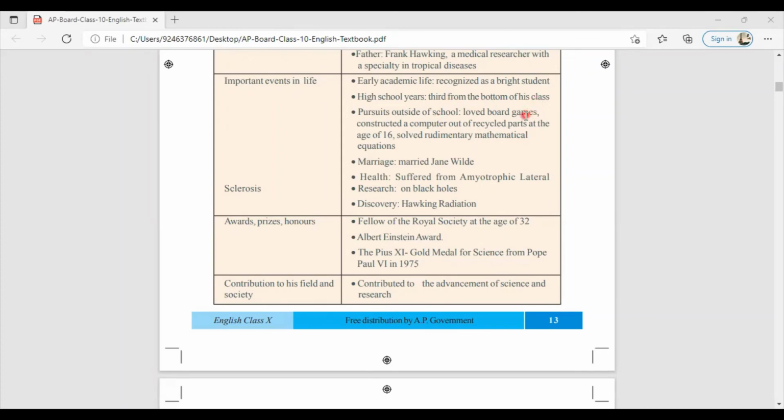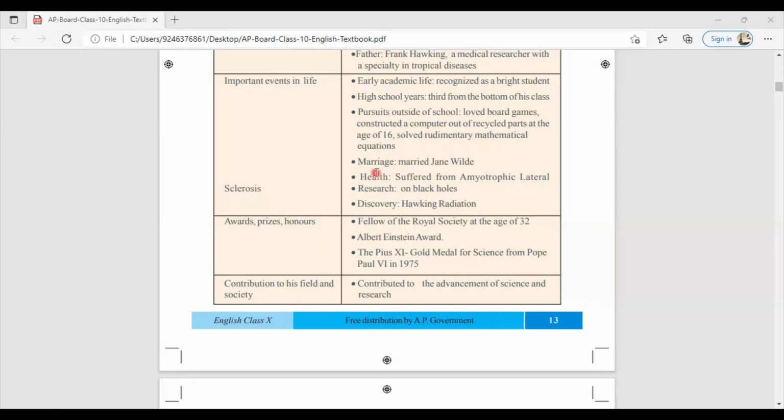Next, you will include a few points, like Hawking used to remain with a close group of friends with whom he enjoyed board games. He constructed a computer out of recycled parts at the age of 16. All these things you can include. You can also write that Hawking solved rudimentary mathematical equations, and this will be the second paragraph completely.